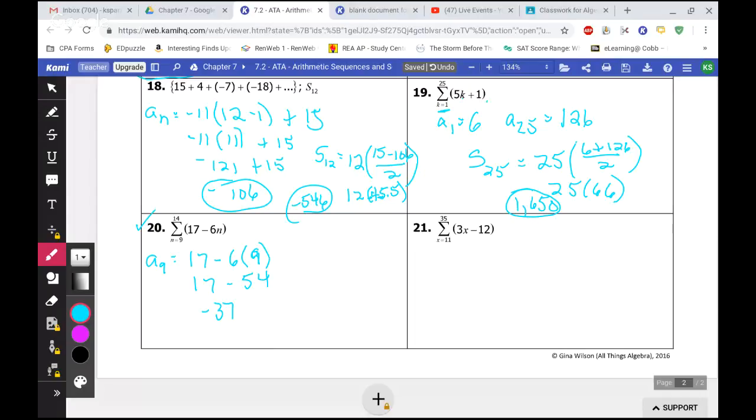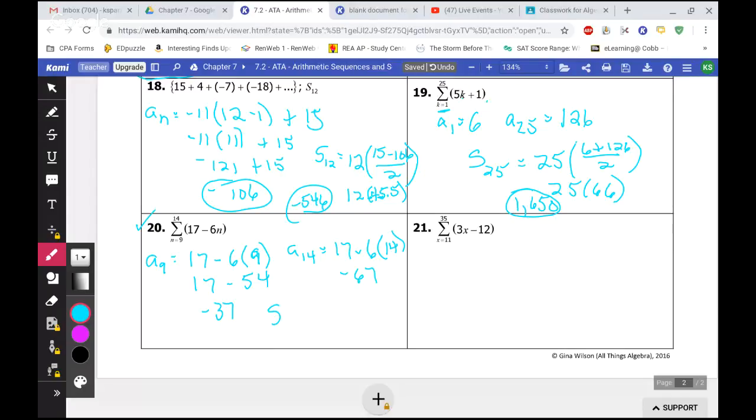And then 14 is 17 minus 6 times 14. So that's negative 67.